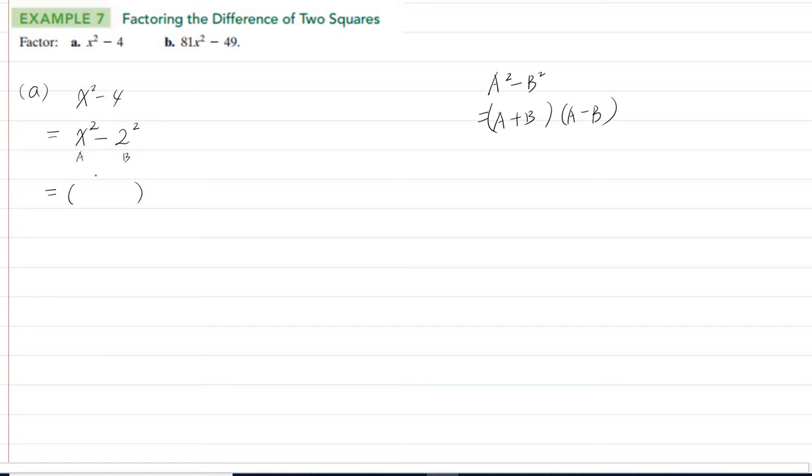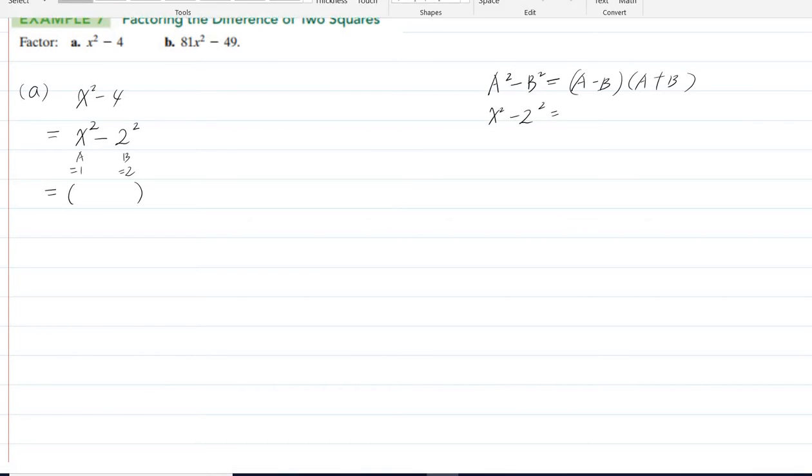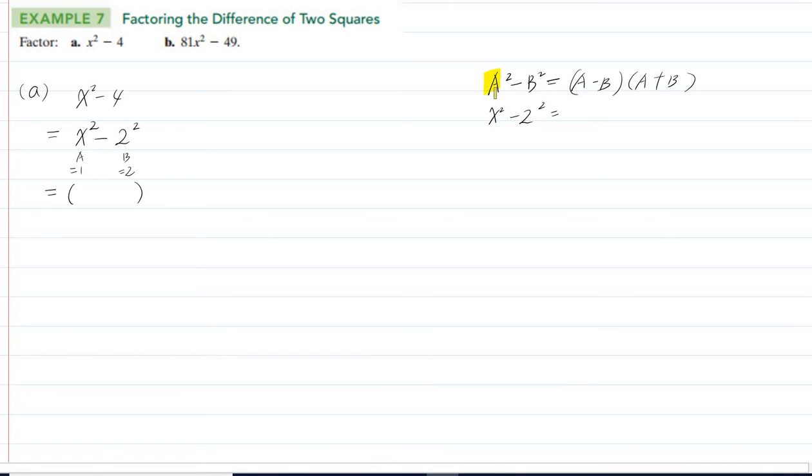That will be A, which in our case is 1, wait, A is x. And in our case, B is 2. So we have x squared minus 2 squared. If you put them all together, you realize that's my x, and that is my A, actually.